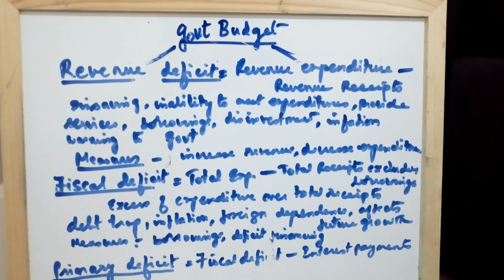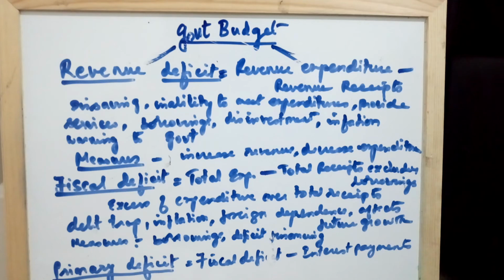interest payments have increased in recent years, so high interest payments on past borrowings have generally increased the fiscal deficit. To reduce the fiscal deficit, interest payments should be reduced through repayment of loans as early as possible.